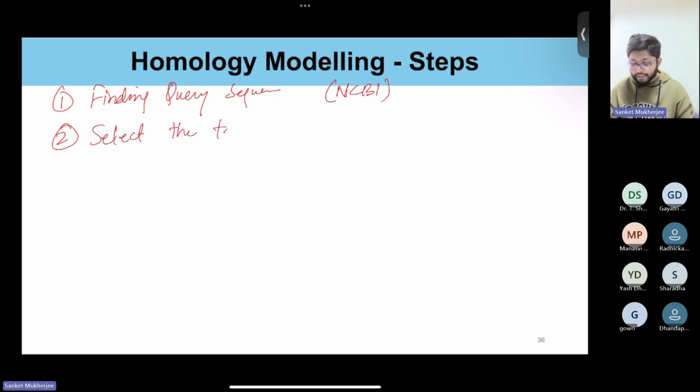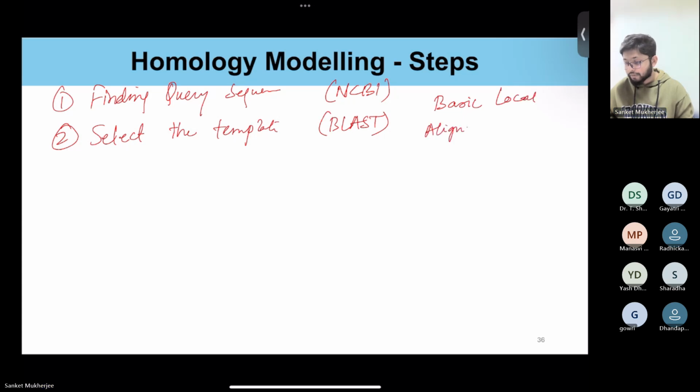How to find the template? You perform an analysis like BLAST. BLAST is the Basic Local Alignment Search Tool. BLAST will give you templates with the most similarity.